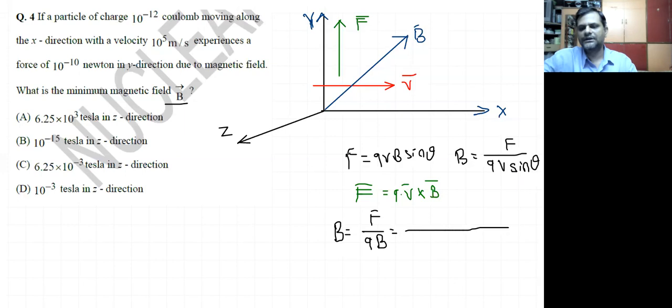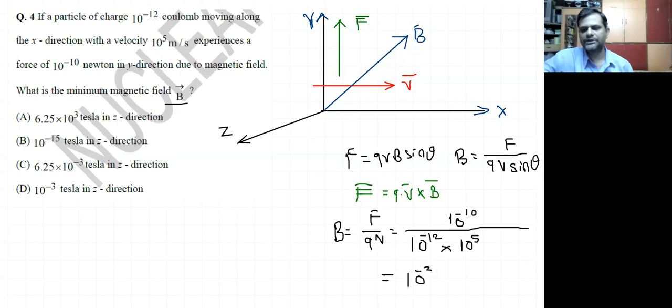So no need to write it as it is, and here we can just replace all the values. The force, which is already given, is 10⁻¹⁰ Newton, so I put this 10⁻¹⁰ here. Then q, the charge, is already given as 10⁻¹². And in the denominator it is V, not B, the velocity, which is already given to be 10⁵. If we solve this further, 10⁻¹⁰ over 10⁻¹² goes up, plus 12 minus 10 becomes 2, and 2 minus 5 becomes 10⁻³.